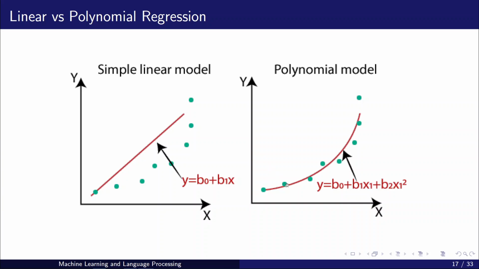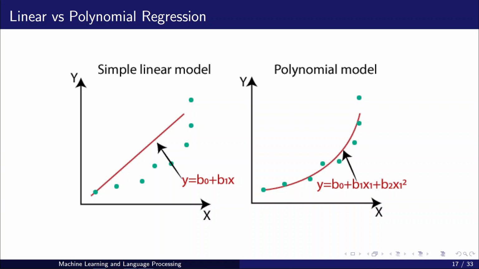At this point, you can try to fit a polynomial, a circle, a parabola, etc. In this case, this polynomial fits better. So instead of a linear model, that is called a polynomial model. So linear regression and polynomial regression.